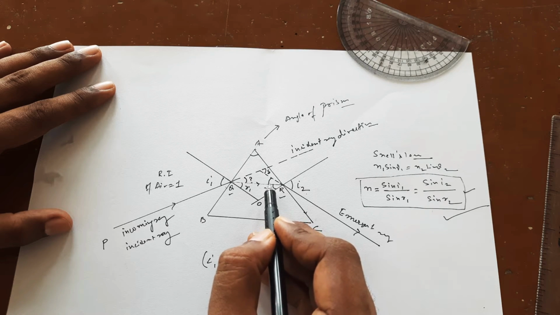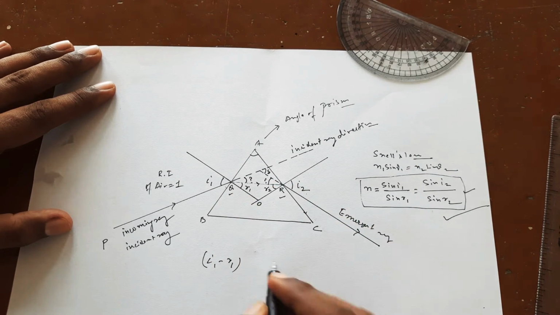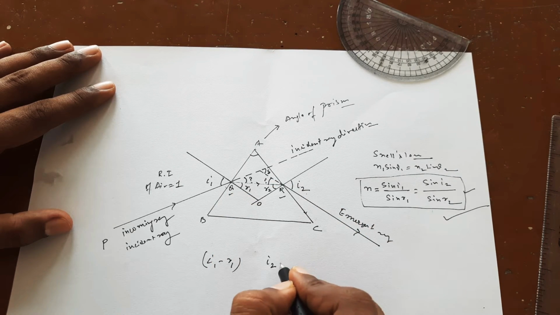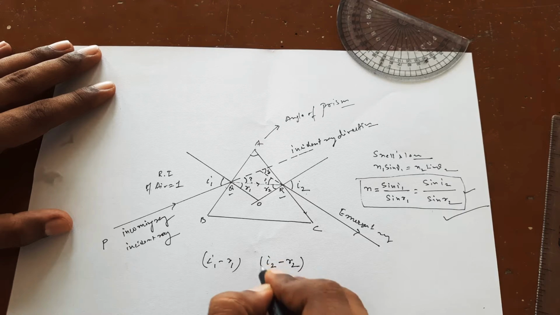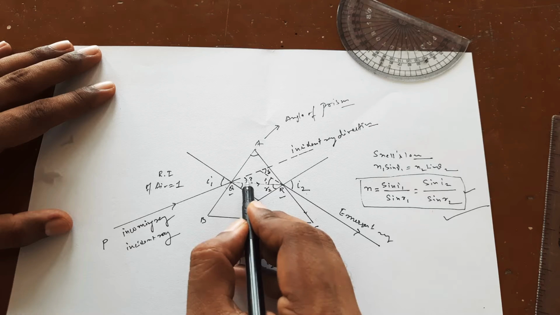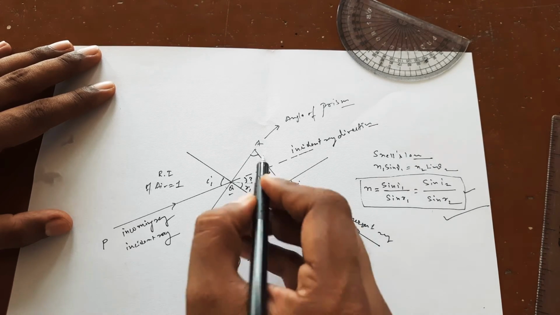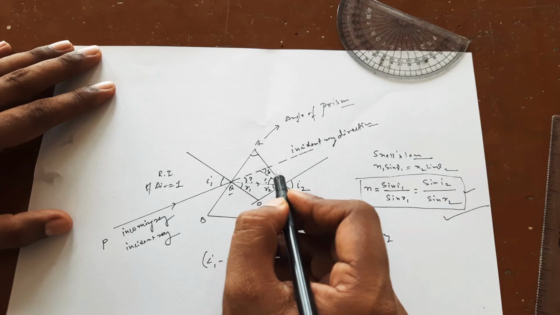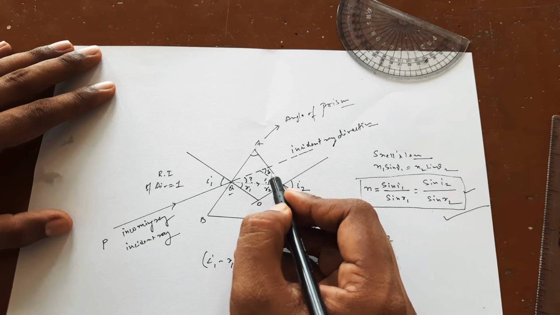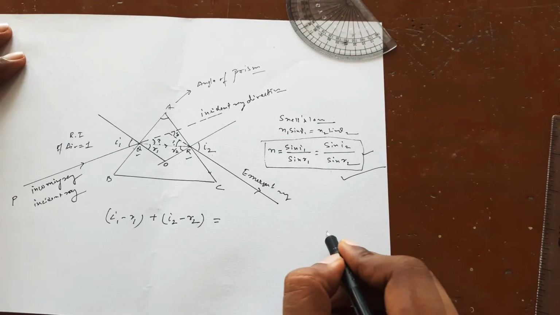So this angle will be equal to I2 minus R2. Now the addition of these two interior angles will give the exterior angle of the triangle. See, just drawing a rough picture over here.